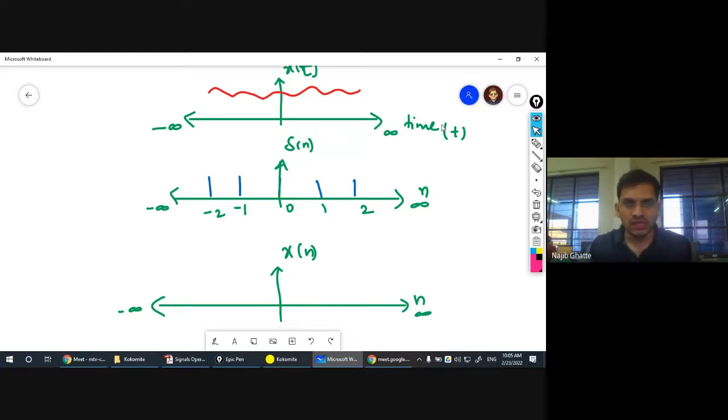Why did I use this word? Because it is simple. If I talk about a continuous time signal and I start recording each and every value of that given time, I will have an infinite number of samples, and I cannot even store that infinite number of samples on 8 TB of storage. Even 8 terabytes of my drive will be insufficient to store all those infinite samples.